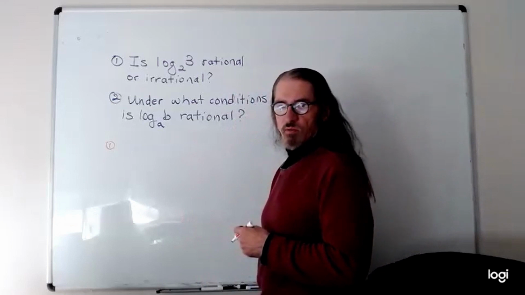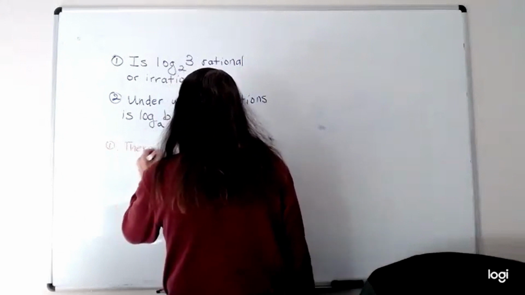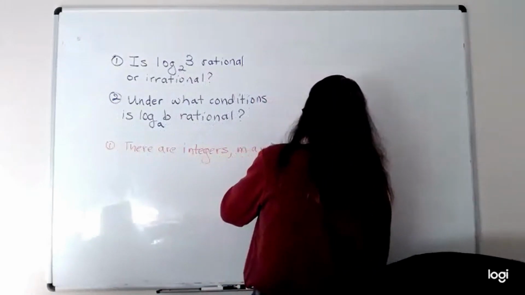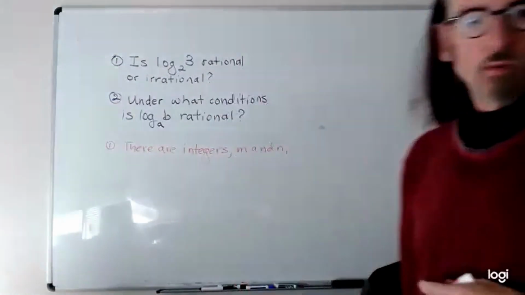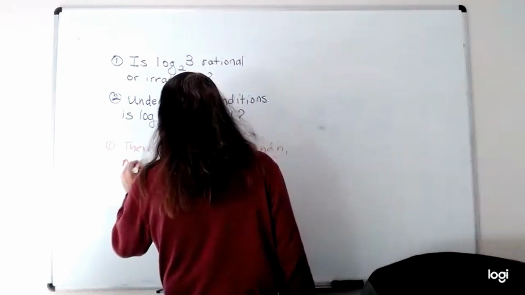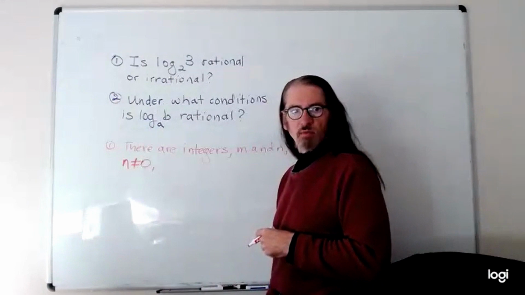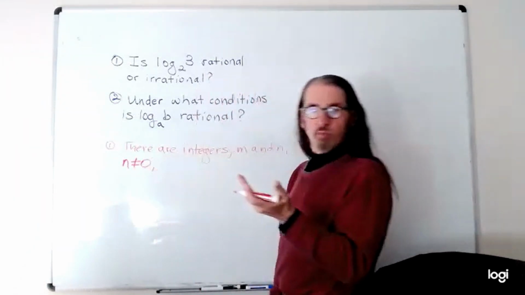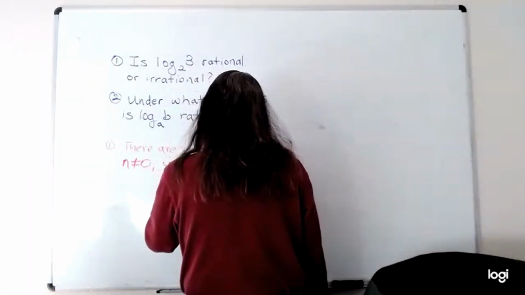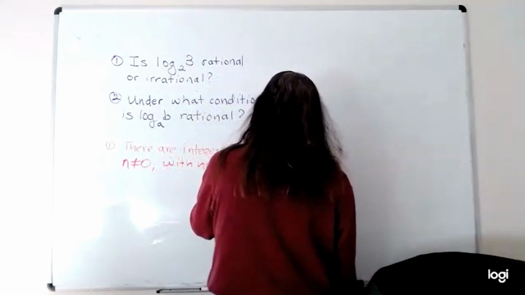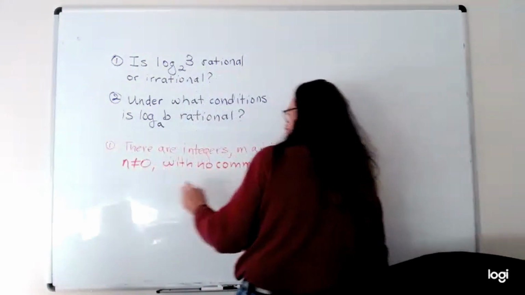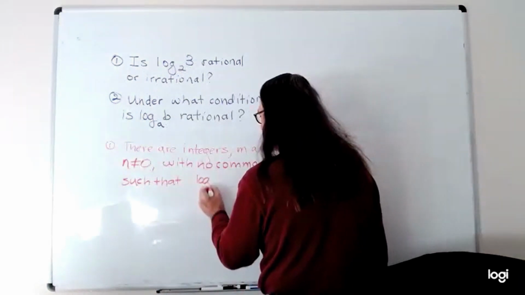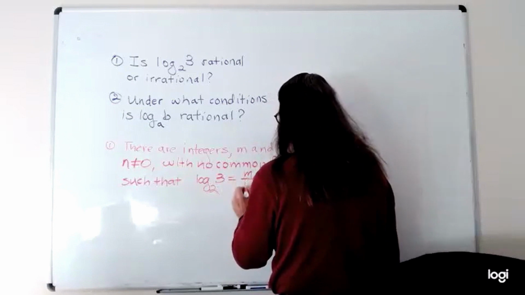If the log of 3 in base 2 is rational, there are two integers, m and n, with n not equal to 0, and furthermore, we may need to talk about the fact that m and n, reducing that, would be in simplest terms, i.e. that there are no common factors, such that the log of 3 in base 2 is equal to m divided by n.